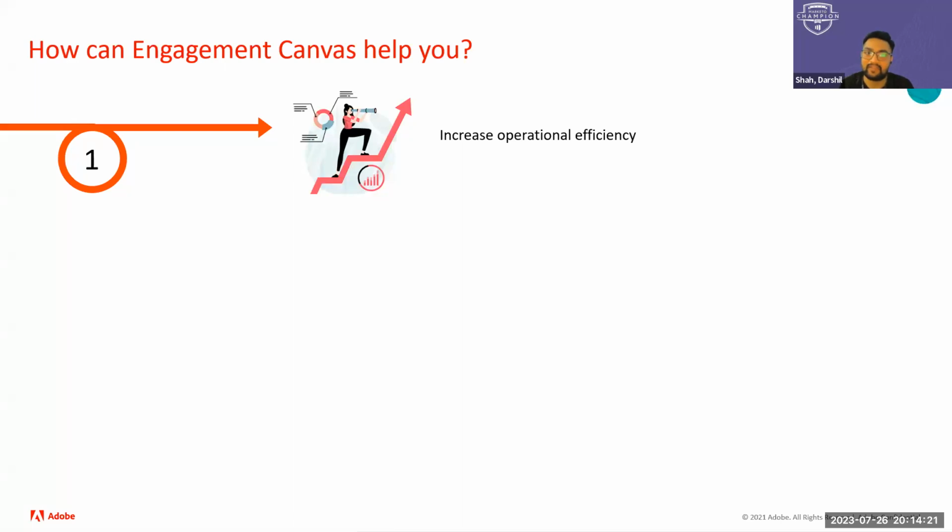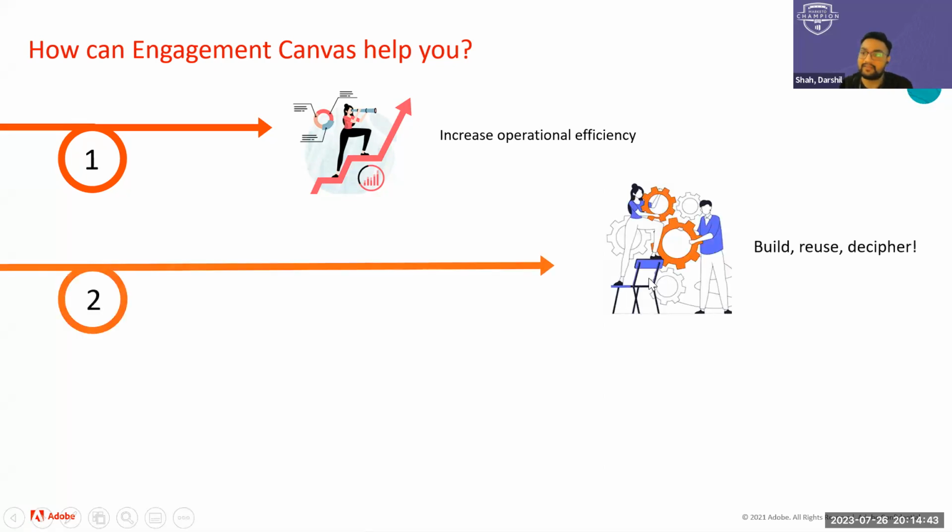You can see if there are any gaps, any limitations, any opportunities for improving the logic, fixing those small leaks or cracks. With engagement canvas, you'll be able to do it in a more efficient way.